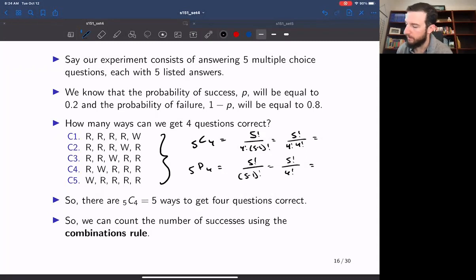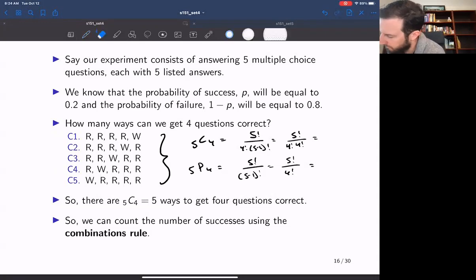Ooh, this isn't a good illustration actually, because these are going to be very similar. Oh, it's because I don't know how to multiply or subtract, that's why.